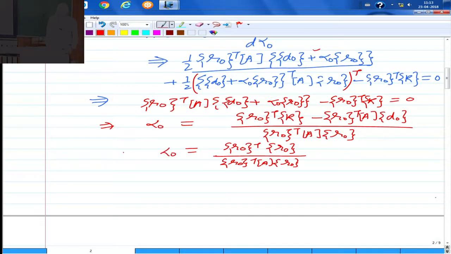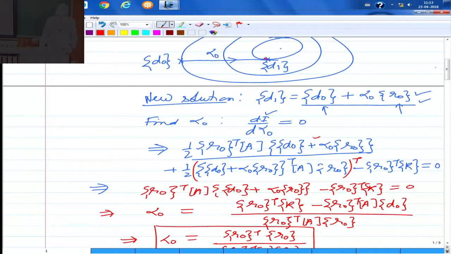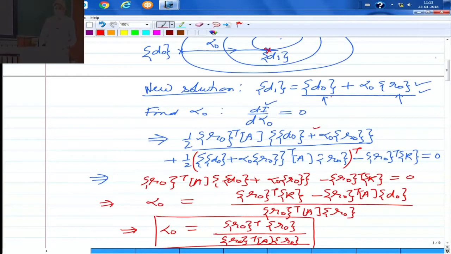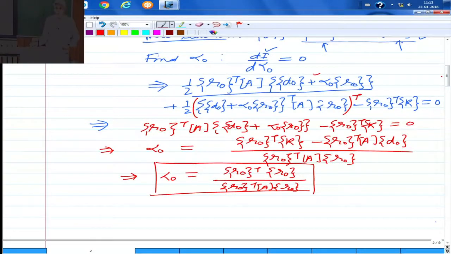So this is finally your alpha naught. Once you calculate alpha naught, then in your solution space you would reach this new point. Because then you put the value of alpha naught here, you get the new vector, and we are now trying to do this iteratively.